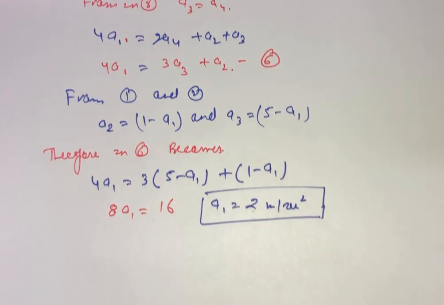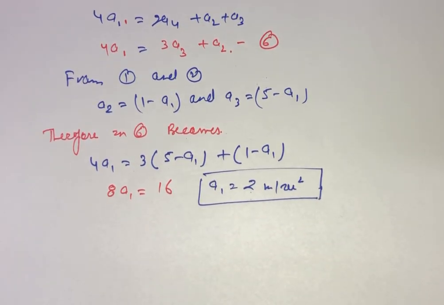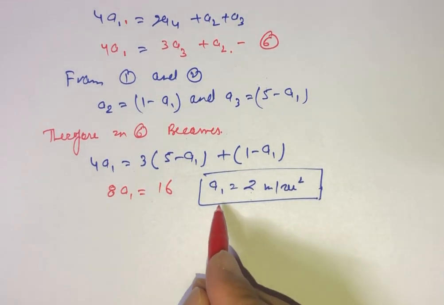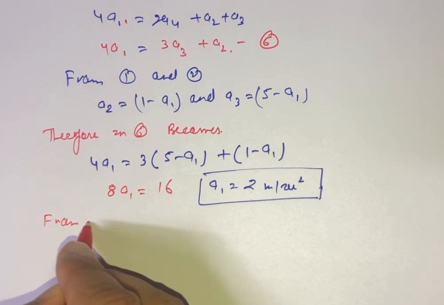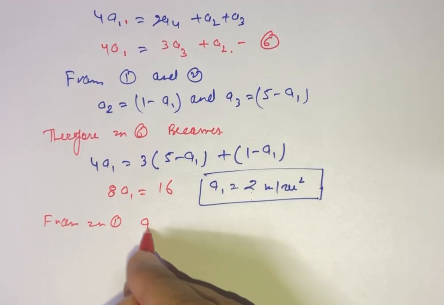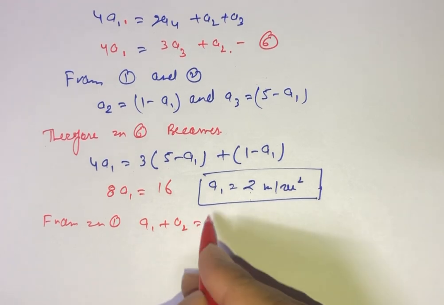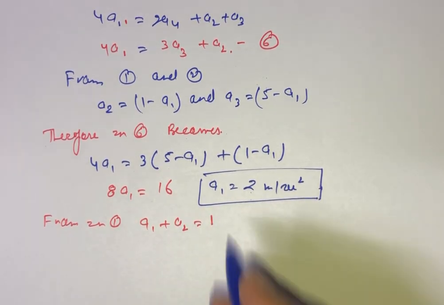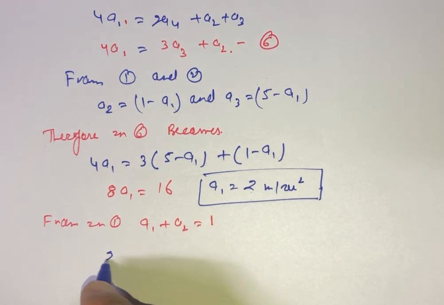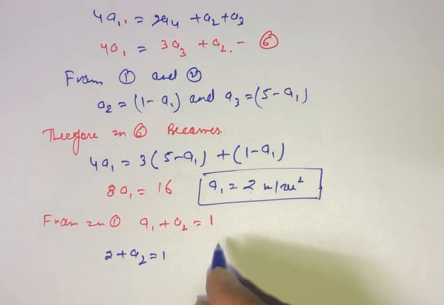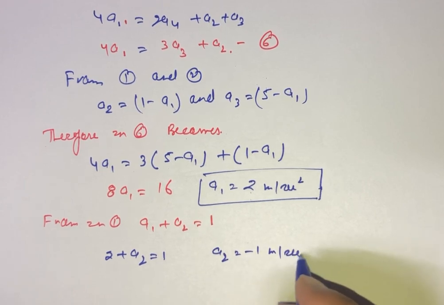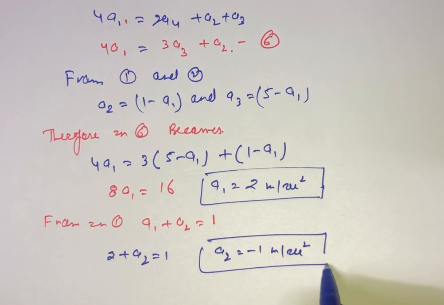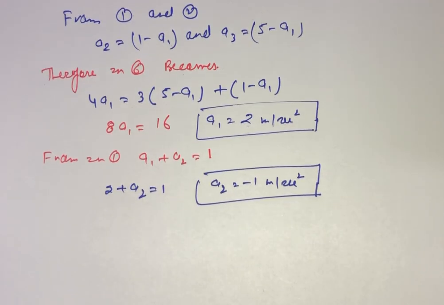So this is our first part. We got the a1, and from here we can calculate the value of a2, because from equation 1, a1 plus a2 is equal to 1. You substitute value of a1 as 2, you get 2 plus a2 is equal to 1, so it means a2 will be equal to minus 1 meter per second square. And in the third part, we are going to find out value of a3.